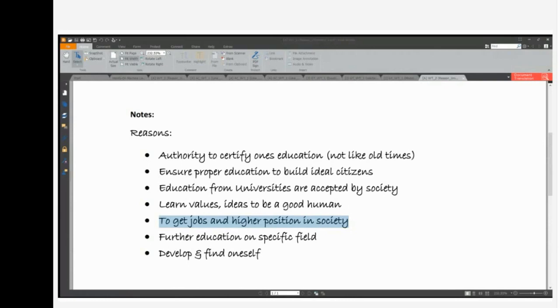Then we can say, like, others go to the colleges and universities to let the world know that they are educated. Funny this may seem, but many people simply consider the higher education as the status they require to get a higher position in society. So this is one way you can explain this particular point.